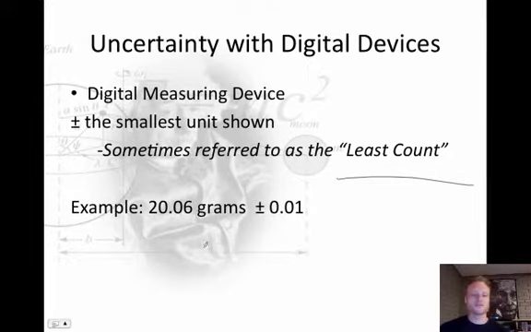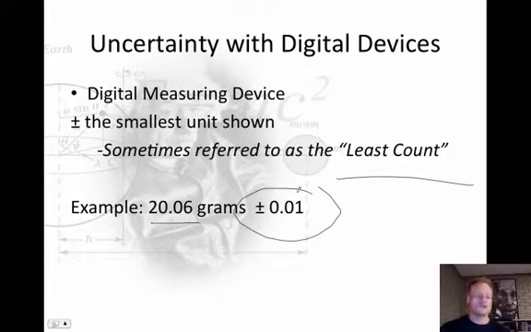Okay, so for example, let's say you're using an electronic balance and you get a measurement of 20.06 grams. Okay, there is an uncertainty with that balance of plus or minus 0.01. It's the least unit shown, and then you just say plus or minus how much that is. So 0.01 for that.